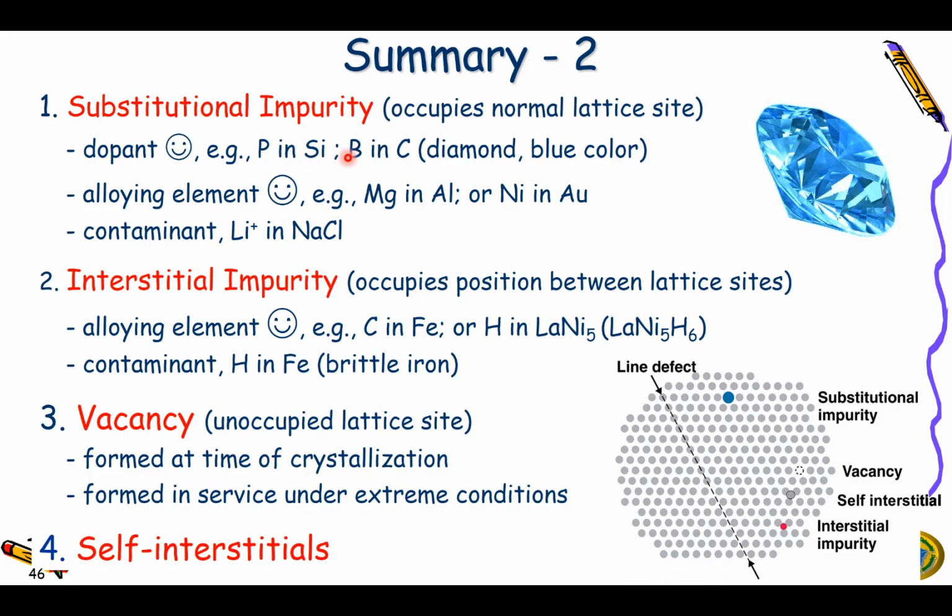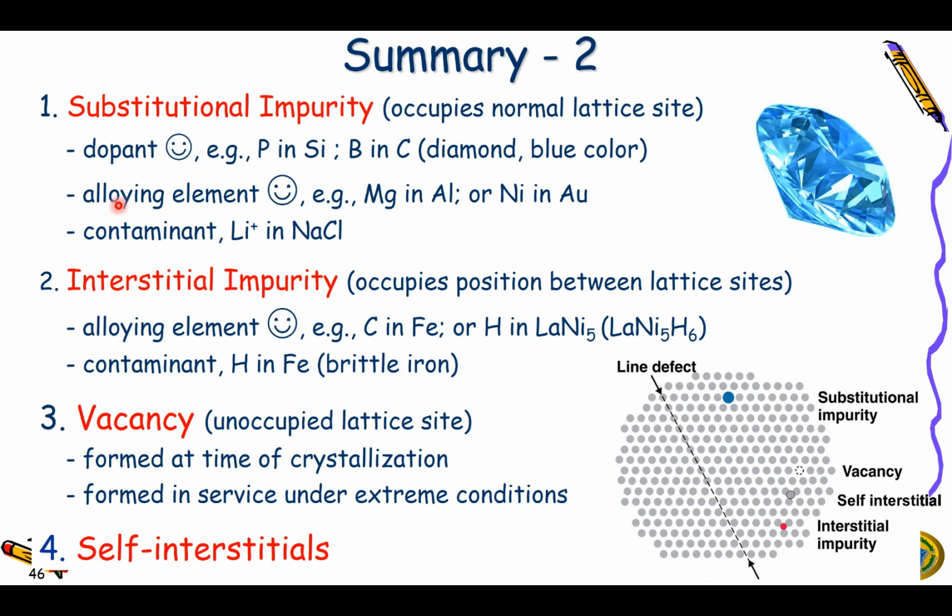And then if you have boron in the diamond, in the carbon, you make this diamond become blue, very beautiful. Blue color diamond. If you don't have boron, that will be transparent. So boron in the diamond makes it very beautiful. Phosphorus in silicon changes the conductivity of the silicon. And this is a good thing about the dopant, good thing about the impurity.